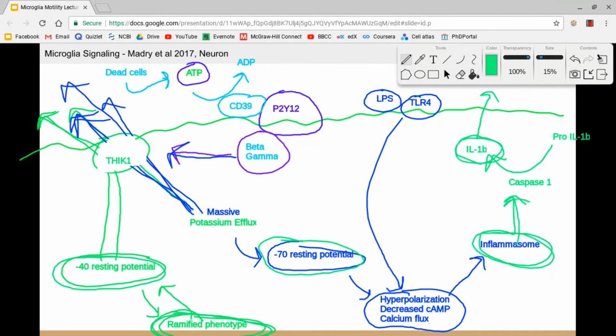Although interestingly, THIK1 doesn't appear to have anything to do with motility. So motility is operating under a different pathway or something, different cues. So although dead cells are known to activate microglia through this P2Y mechanism, it doesn't appear to affect motility directly.